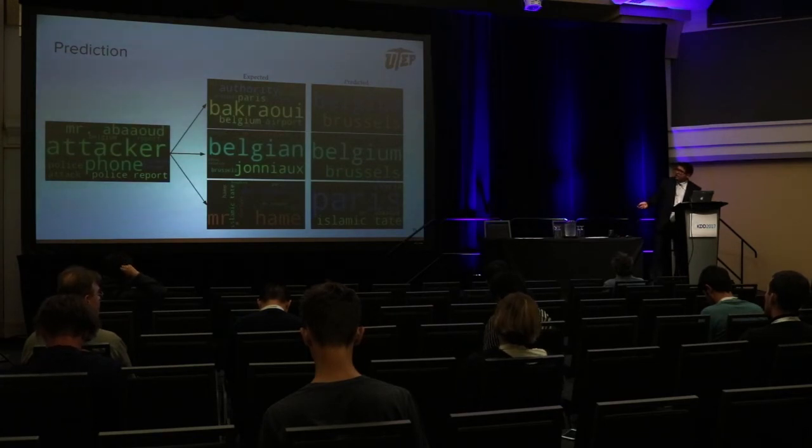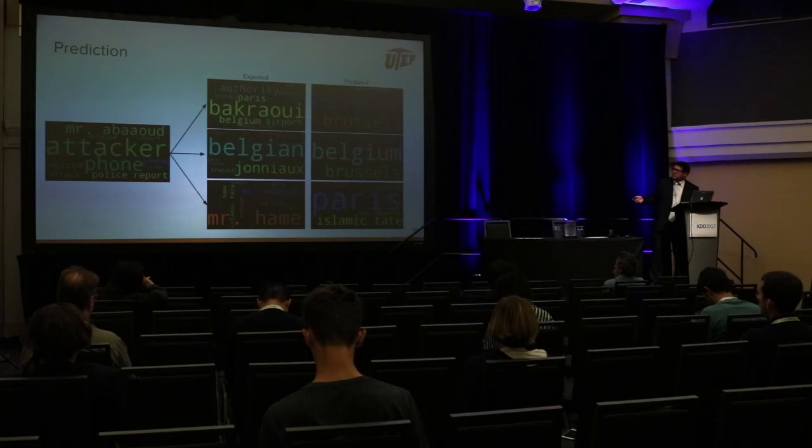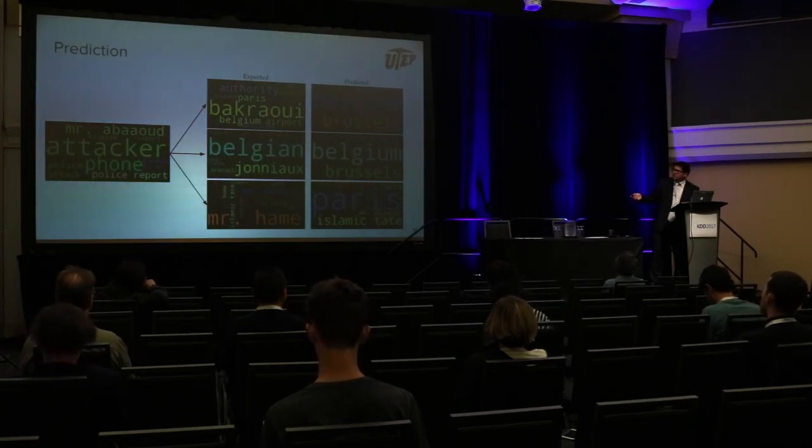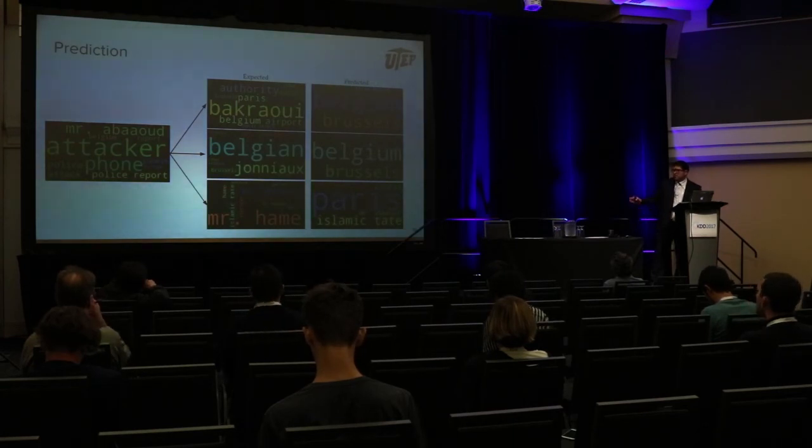And here in the middle, you can see the expected word clouds. These are actual articles that were published around a month after this particular article. This was published several days after it, and this was published at a different date and time.